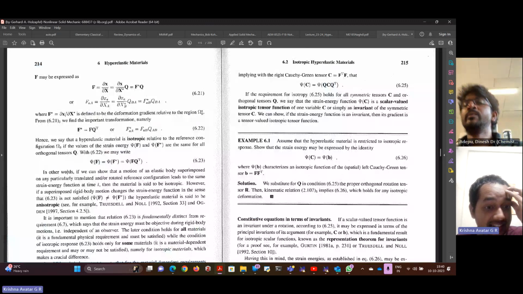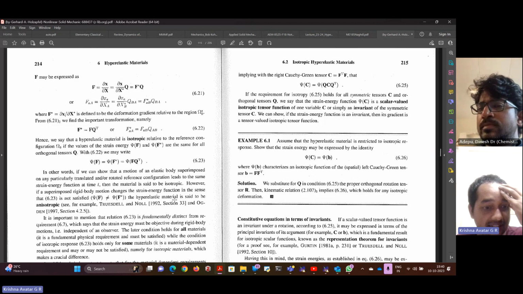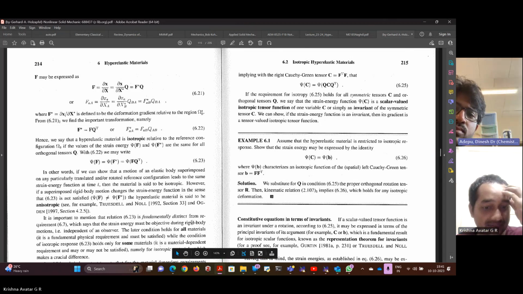In other words, if we can show that a motion of an elastic body superimposed on any translated and or rotated reference configuration leads to the same strain energy at time t, then the material is said to be isotropic. So this line is the important one. However, if the result changes in the sense that 6.23 is not satisfied, it's said to be anisotropic.